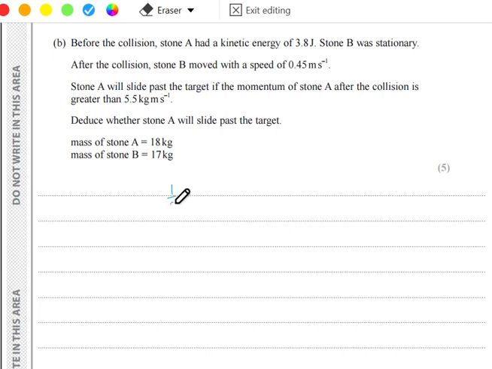We have half times 17 times VA squared equal to 3.8.